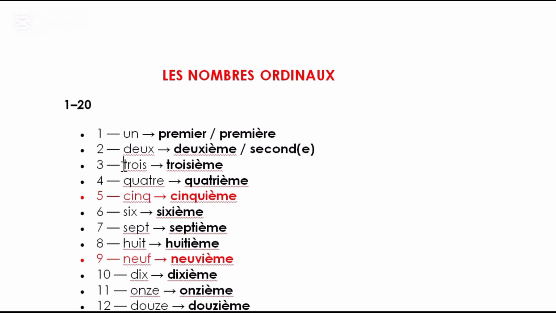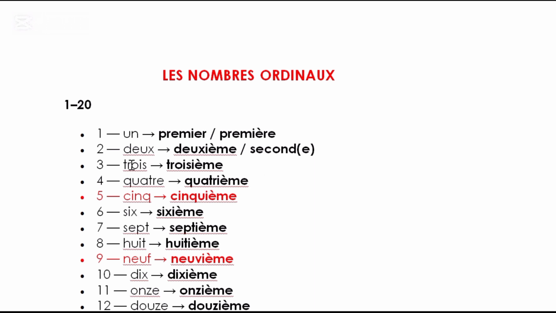Then we have trois. Number 3 is trois. What about third? It's troisième. Now, here there is a formula for forming ordinal numbers from cardinal numbers.